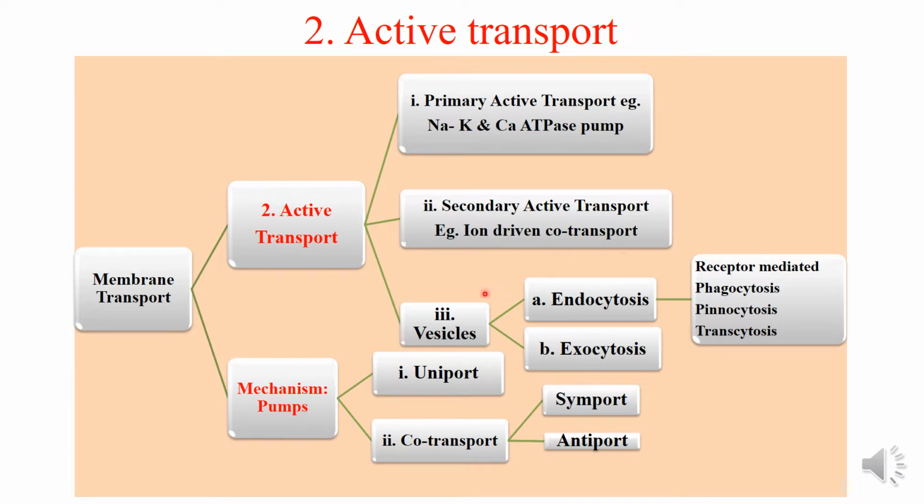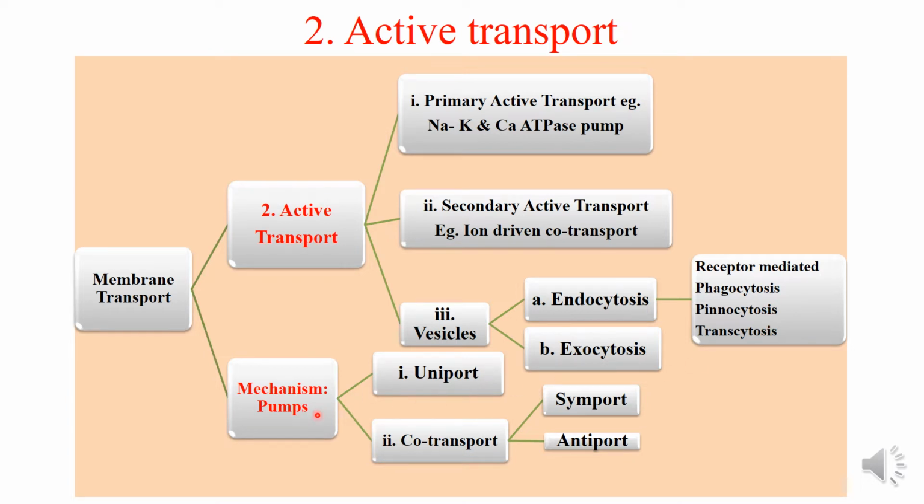The third mechanism by which active transport is done, it's by vesicles, which is of two types, that is endocytosis and exocytosis. Endocytosis again is of four types, that is receptor mediated endocytosis, phagocytosis, pinocytosis, and transcytosis.